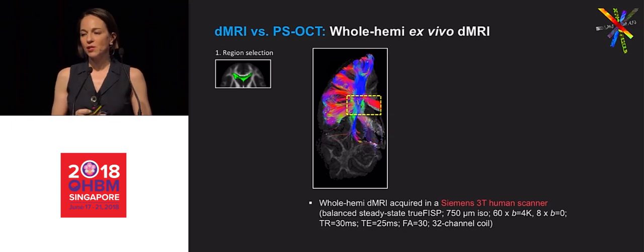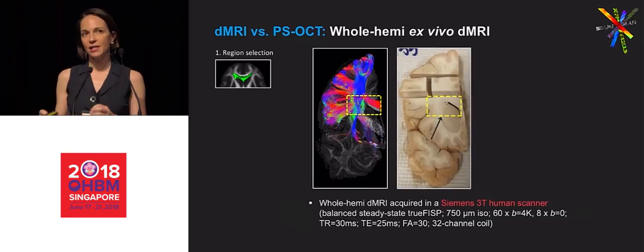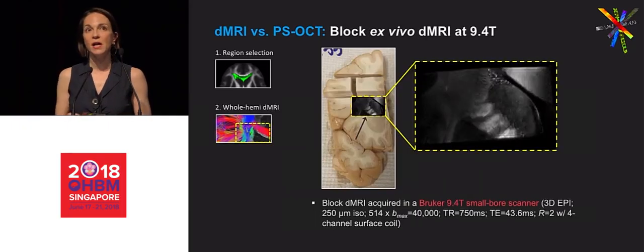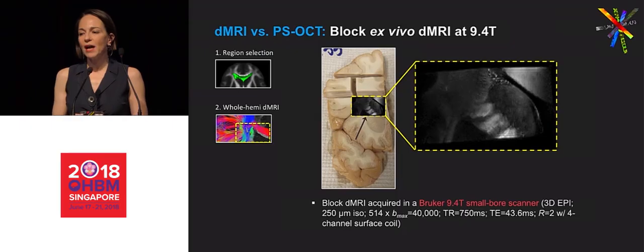And we do that based on a whole brain, or whole hemi in this case, 750 micron resolution scan, using the tractography data in that whole hemi scan to find that block and then cut it out of the actual brain. Then we take that block and we image it at much higher resolution, 250 microns isotropic, in a Bruker 9.4 Tesla small bore scanner with b-values all the way up to 40,000, which is roughly equivalent to 10,000 in vivo.